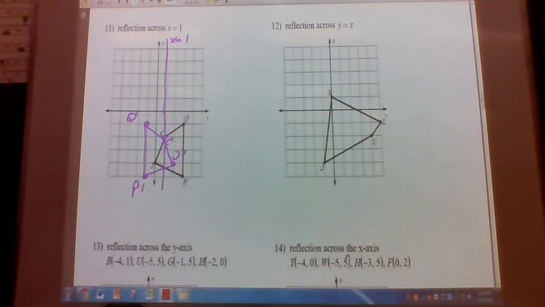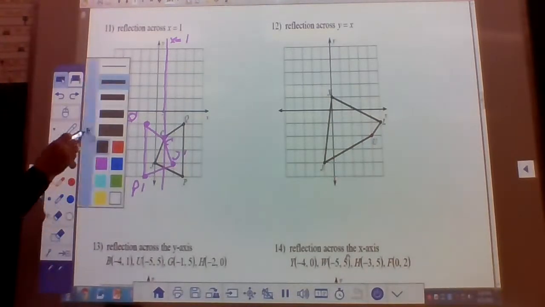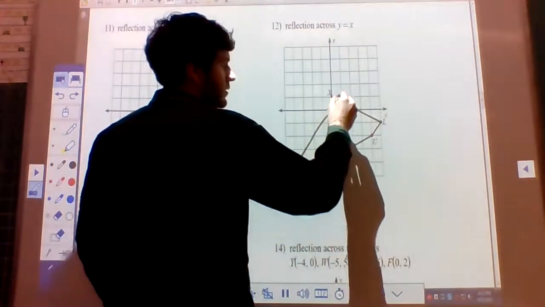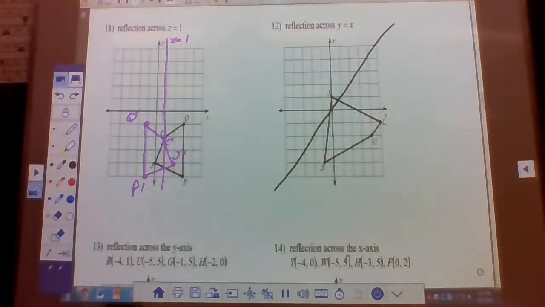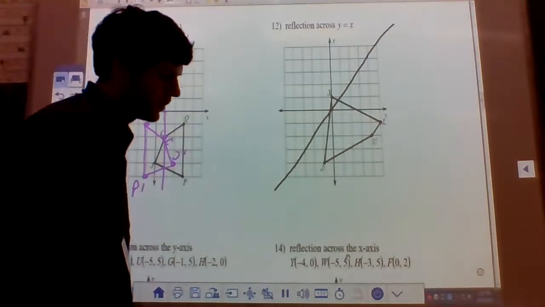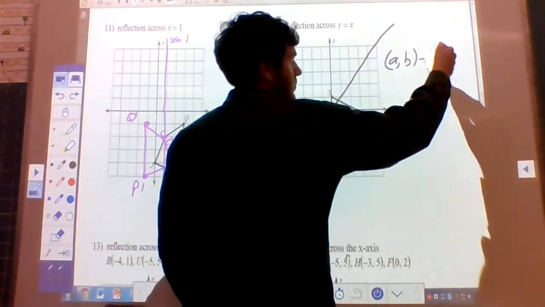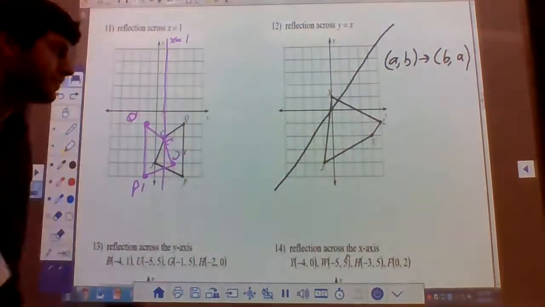Next one, reflecting across the line y equals x. Y equals x again is our line where the y-intercept is 0 and the slope was 1. And we had a formula for that one. So (a, b) mapped to (b, a). So all we do is swap the coordinates.